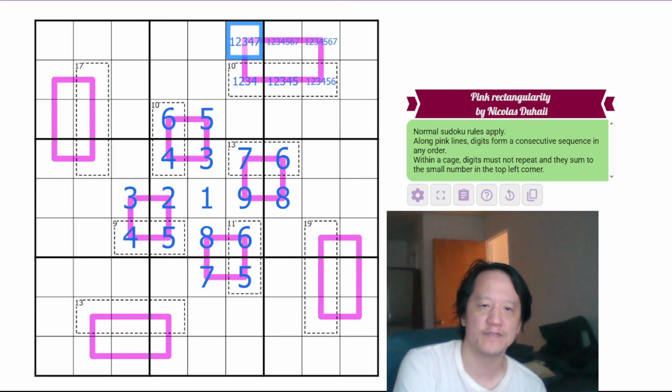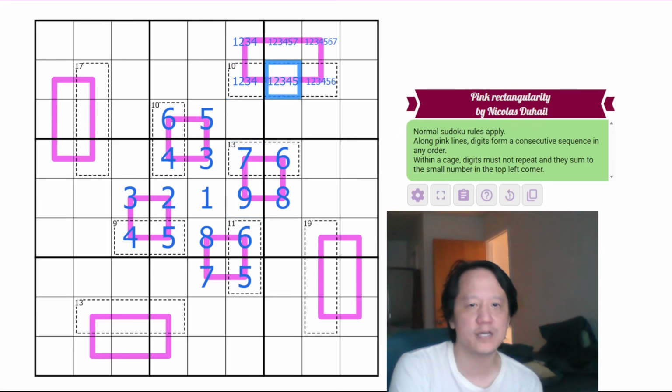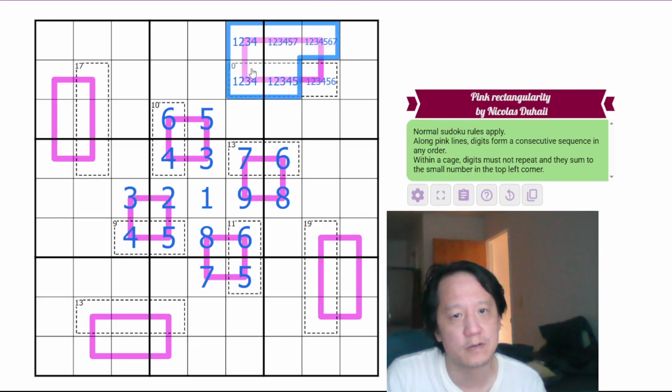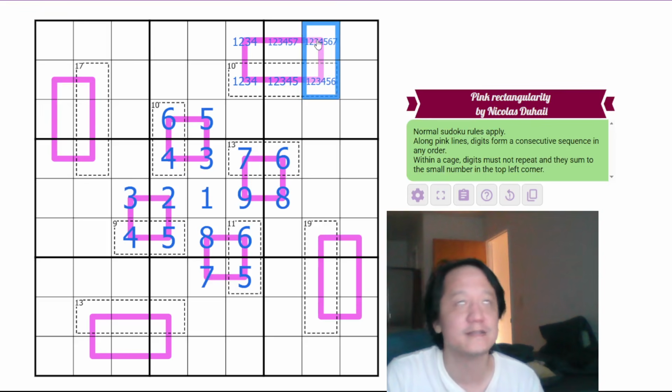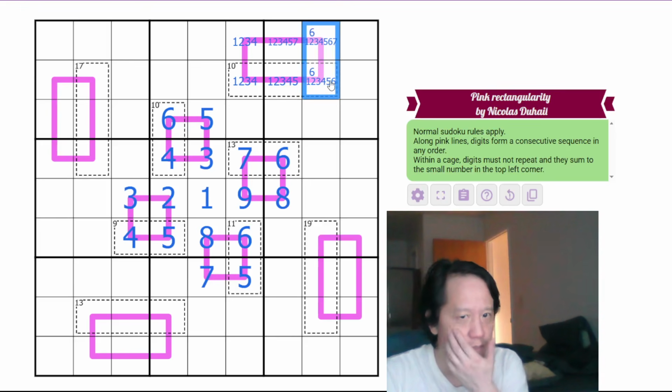Obviously, this cannot be 5, 6, or 7 because of 5, 6, or 7 in the column. So this can't be 6 because of 6 in the column. We are guaranteed, then, this must be 1 through 6 here, then. And, sorry, it has to have a 6 in it. So 6 is guaranteed to be here. One of these two digits.